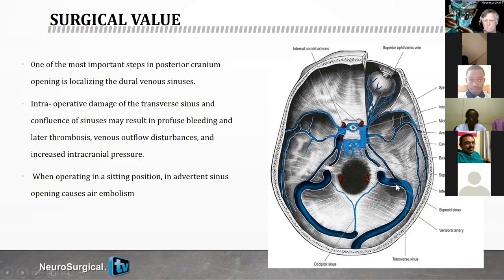We can see some of them here: the transverse sinus, the sigmoid sinus, the occipital sinus, and the inferior petrosal sinuses. Intraoperative damage to these sinuses may result in profuse bleeding and later thrombosis, venous outflow disturbance, or increase in intracranial pressure.